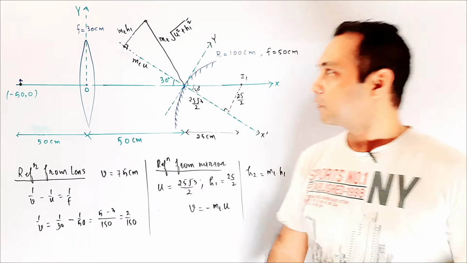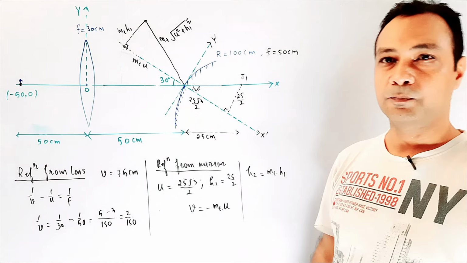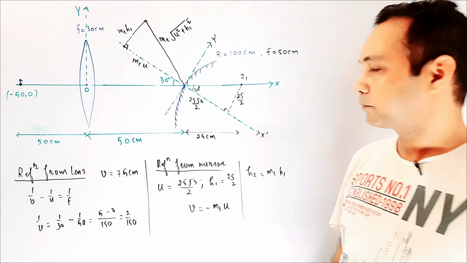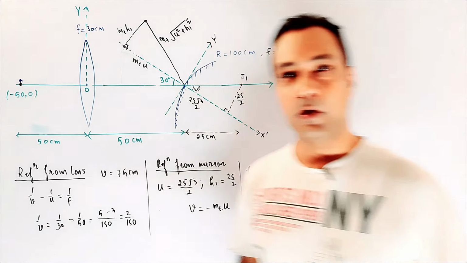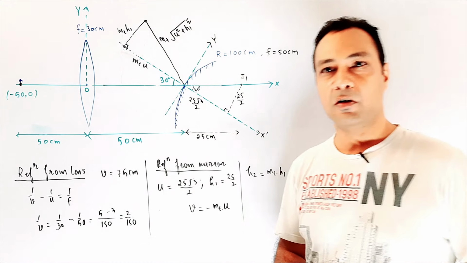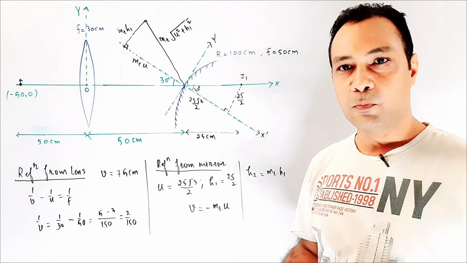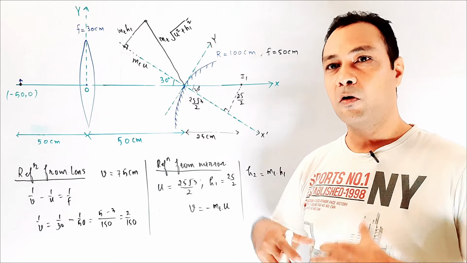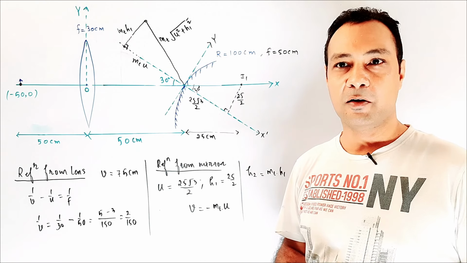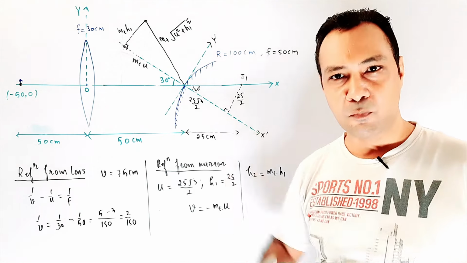All right. So now one more thing. Coming to the conventional logic, we are taking the approximation that there is no spherical aberration. What does that mean? If there is no aberration, then for all the set of reflected or refracted rays, they meet at the same point.